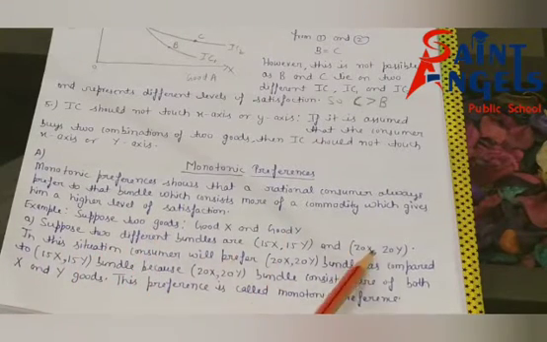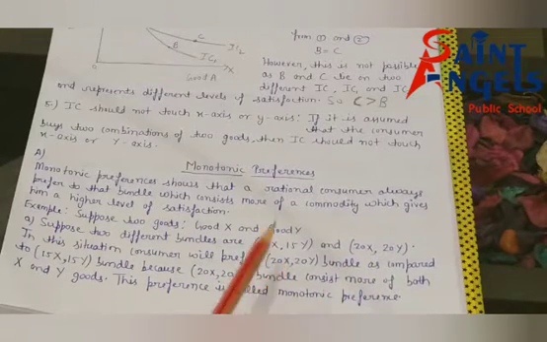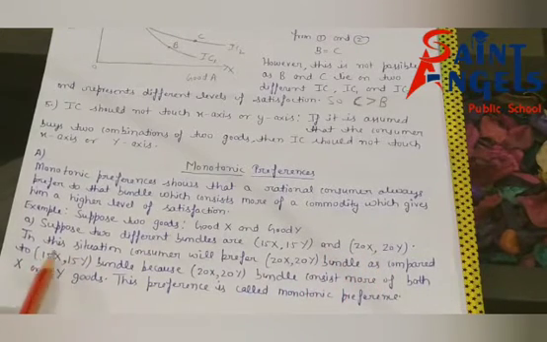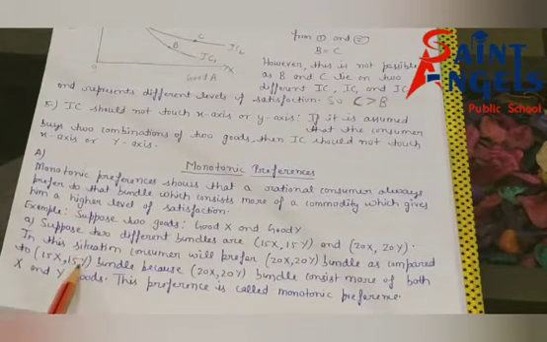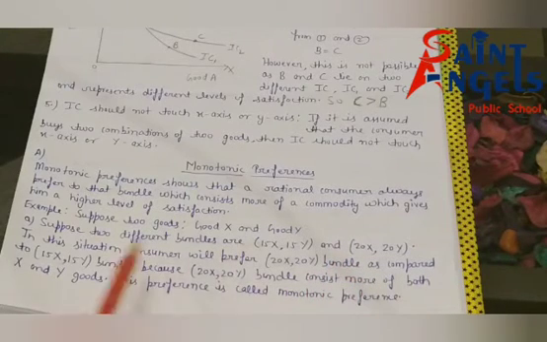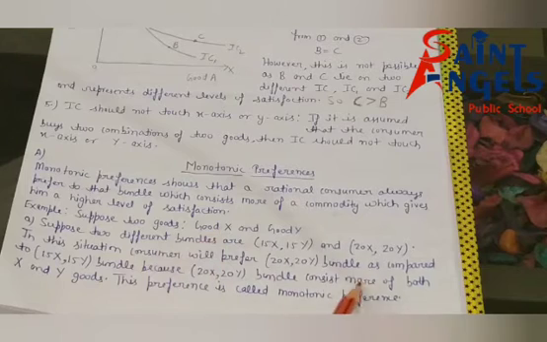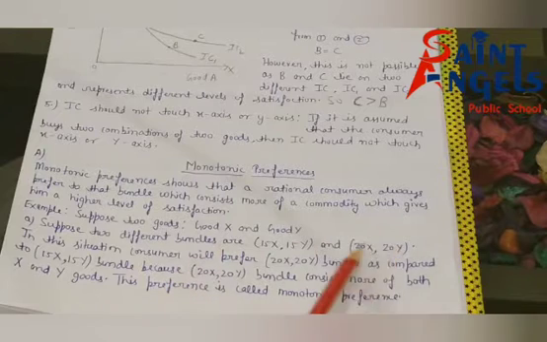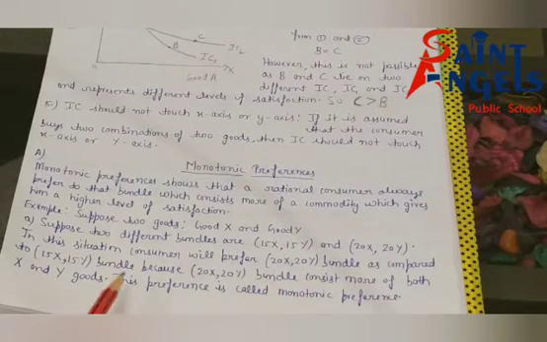Consumer will prefer the second bundle as compared to the first bundle, which consists 15 units of good X and 15 units of good Y, because this bundle consists more of both good X and Y. This preference is called monotonic preference.